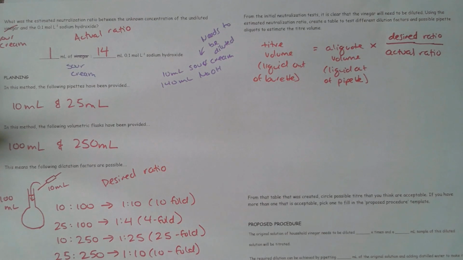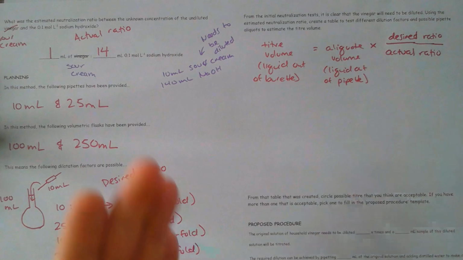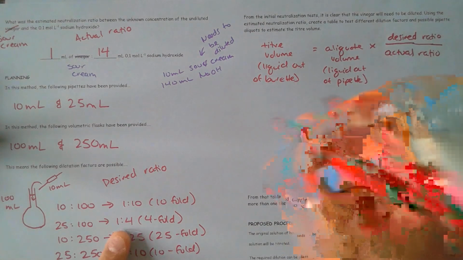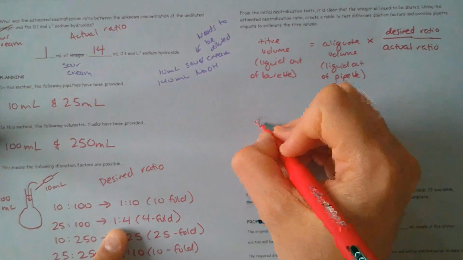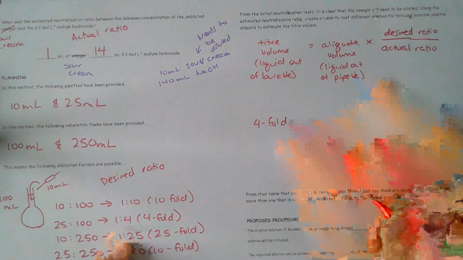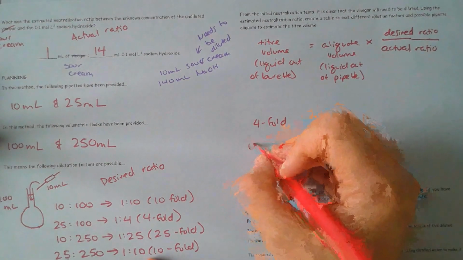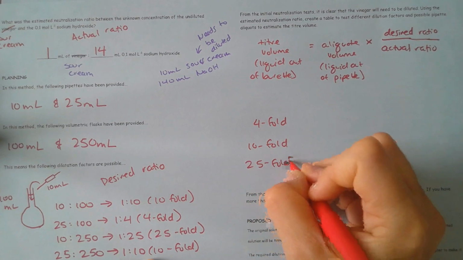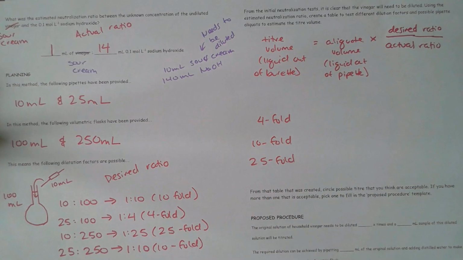So what you should then do is set up a table so that way you can see what all your options are, because that way you can select which one you want as your method. So for this table, what I have on the left-hand side is I want to list out my different dilution factors that I could potentially use. So we have the 4-fold as one option. We have the 10-fold. And we have the 25-fold. So that's the first thing that I have for my table.